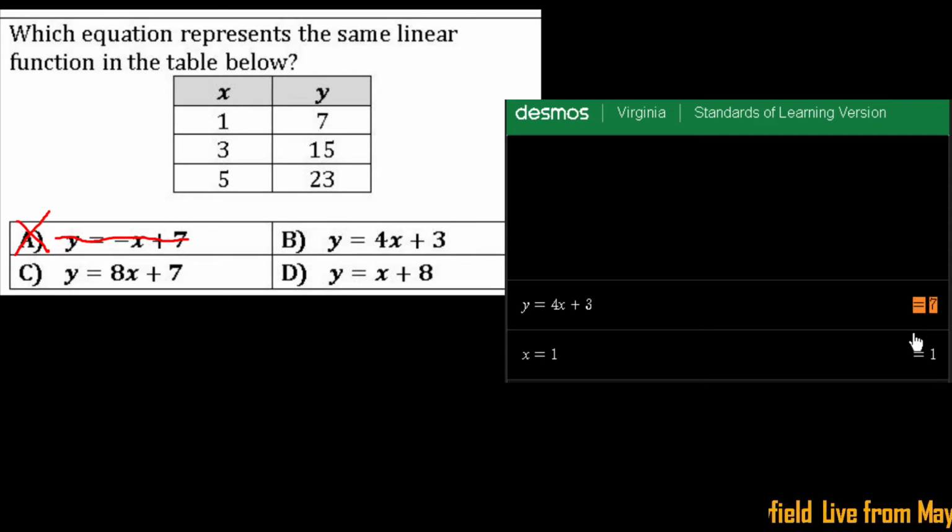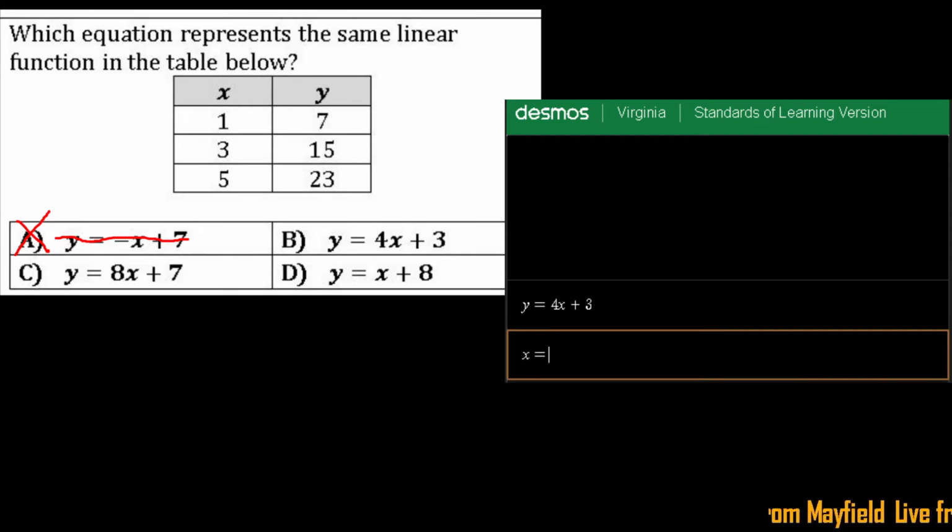So the ordered pair (1, 7) is good. Let's plug in 3. My output is 15, so that one's good. And if I plug in 5, my output is 23, so I know it would be this equation. Since all 3 of those points are good, we know it works. Again, you have to make sure that it's all 3 points.